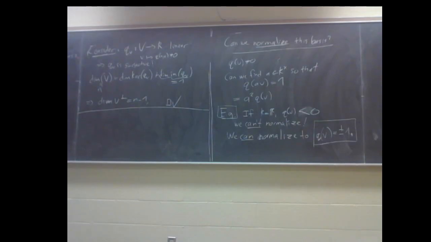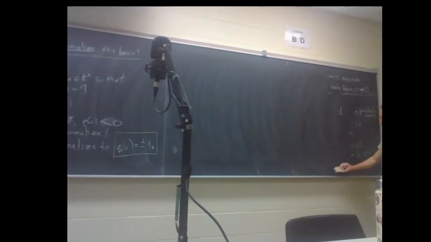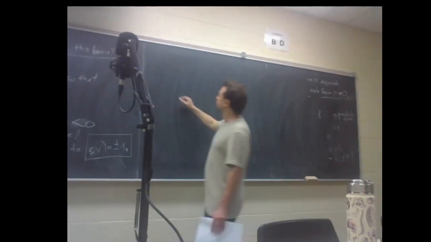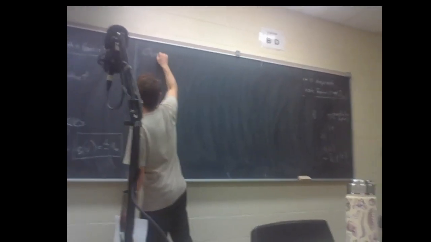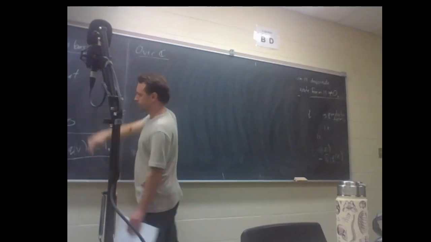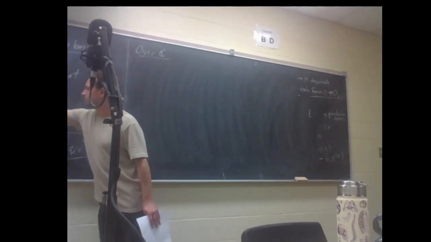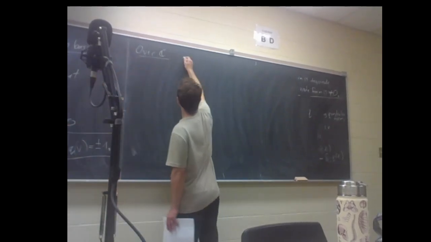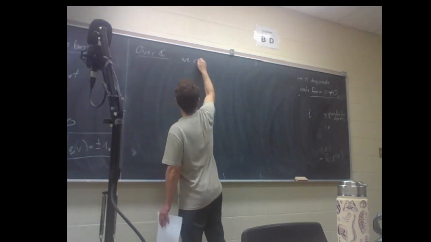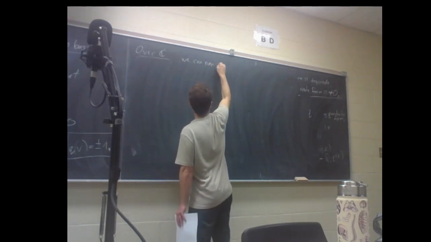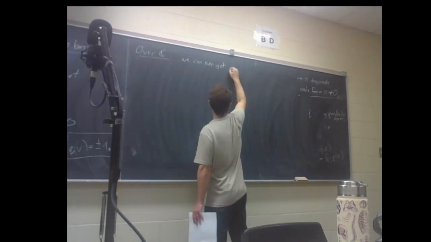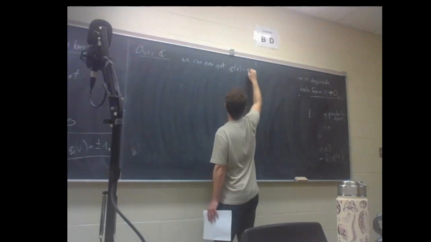Over finite fields, there are some very bad primes where you can't do anything either. But over the real numbers, you can at least get to plus or minus 1. And moreover, over the complex numbers, negative 1 is a square. Now you can definitely normalize.